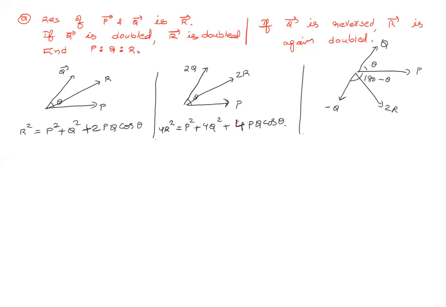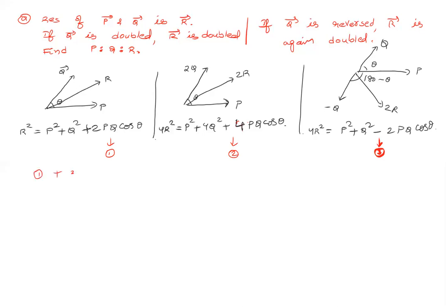So we have seen in subtraction of vectors, you can write 4r square is p square plus q square minus 2pq cos theta, the magnitude of resultant for subtraction. Let us say this is equation 1, this is equation 2, this is equation 3. Now our target is to express p and q in terms of r.